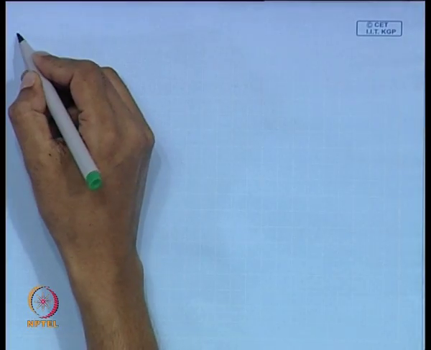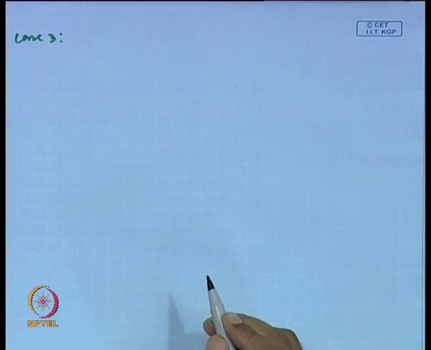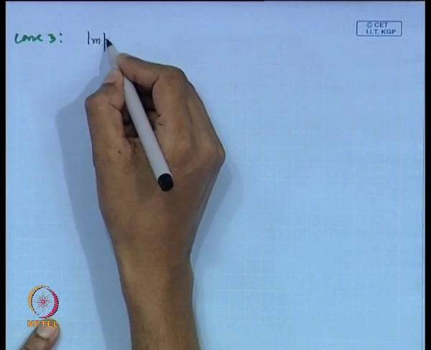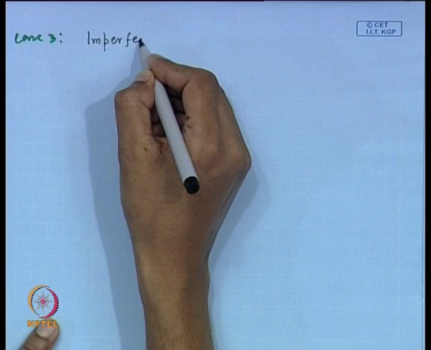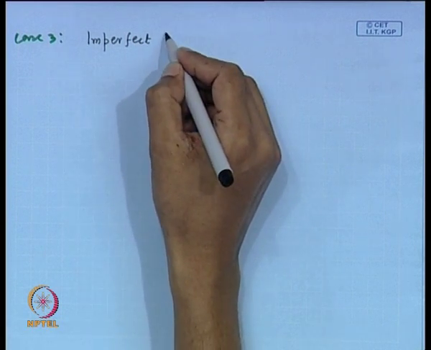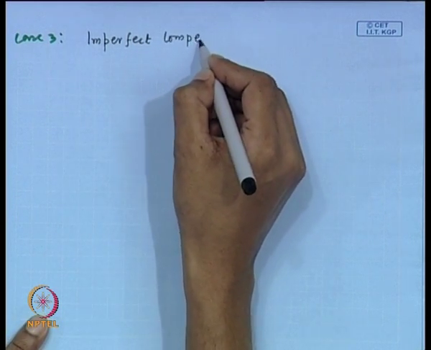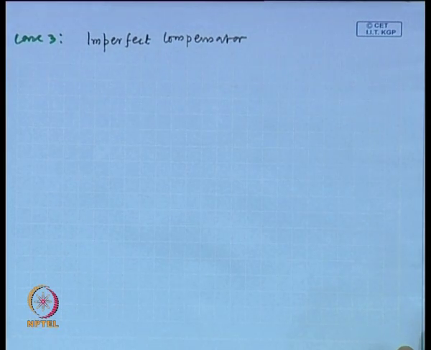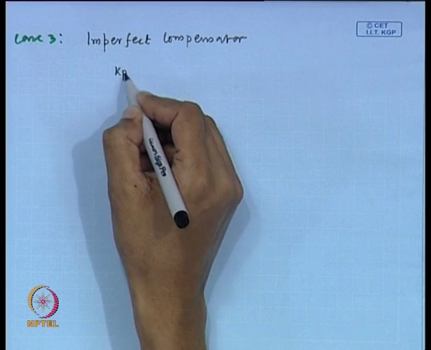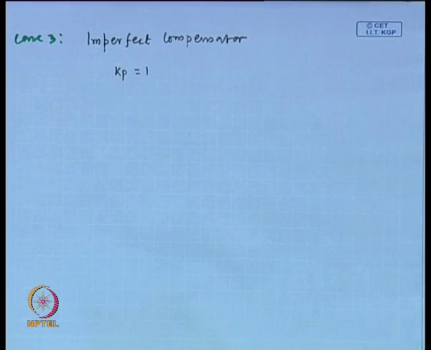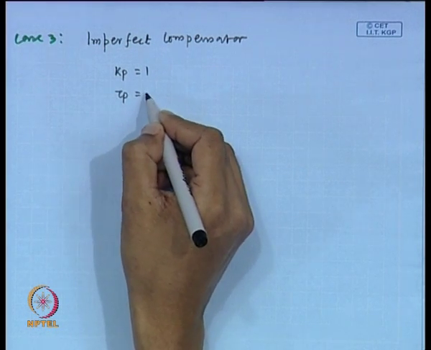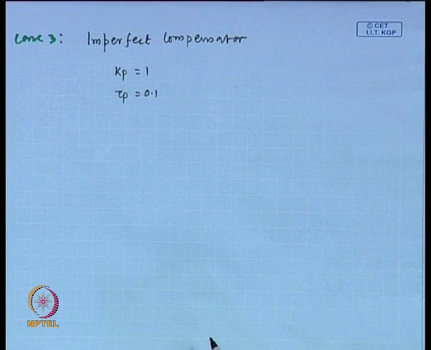In case 3, we consider imperfect compensator. Fine. Process gain for the example system is 1. Time constant for the example system is 0.1.